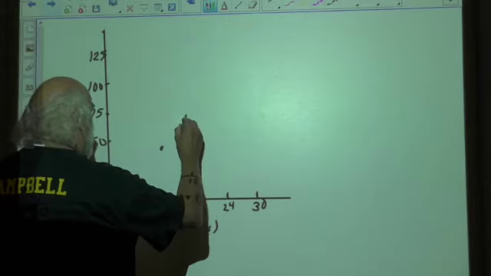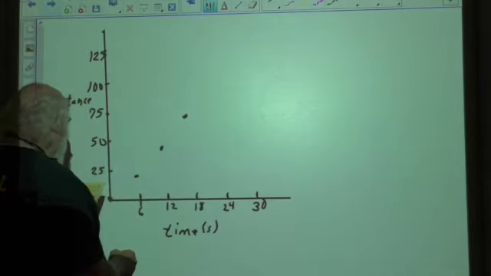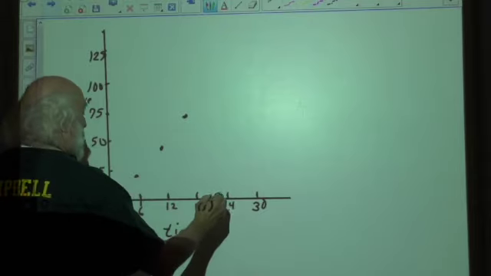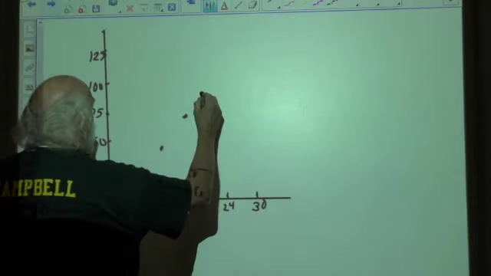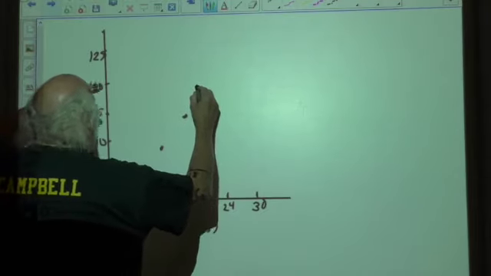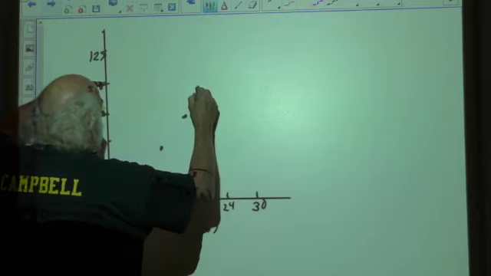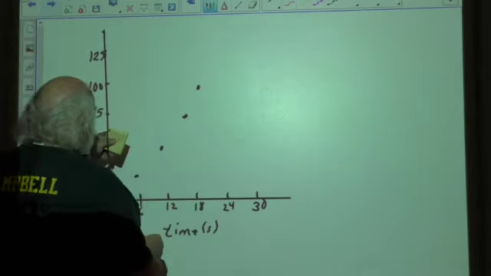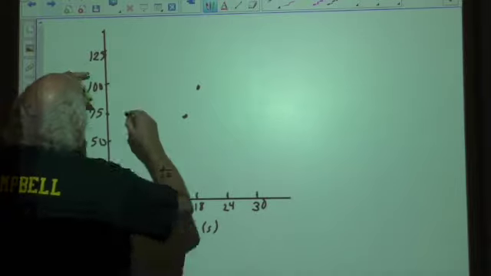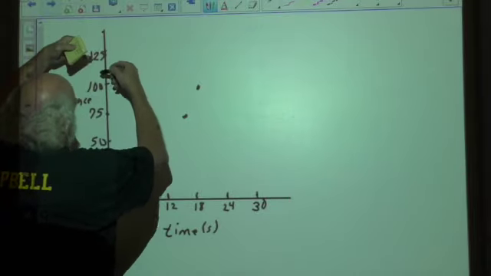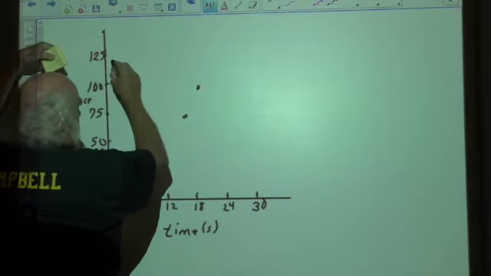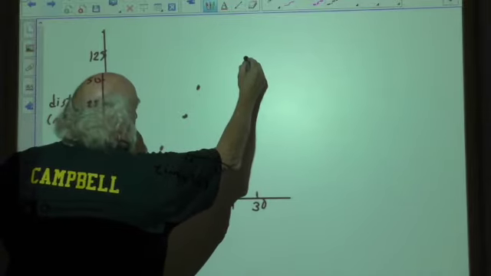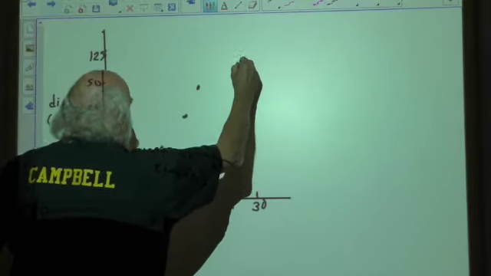That's going to be really close to it. 24, 95.9. That's going to be kind of low on this end here. So I'm going to put that right about there. And then at 30, it's going to be 120. 120 is going to be 4/5 of the distance between these two, so that's going to be right there. And here's 30, so I'm going to put that right there.